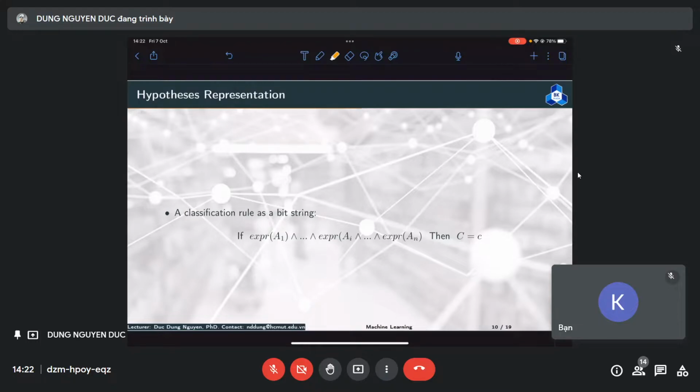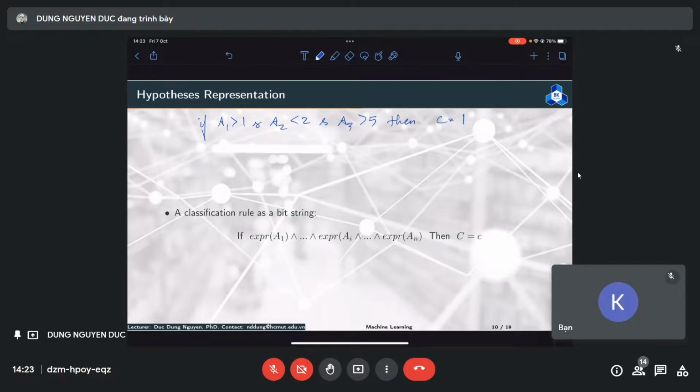And a decision tree makes decisions based on checking a few conditions. Let's say if A1 greater than 1 and A2 smaller than 2 and A3 greater than 5, then C equals 1, for example. This is one decision rule.